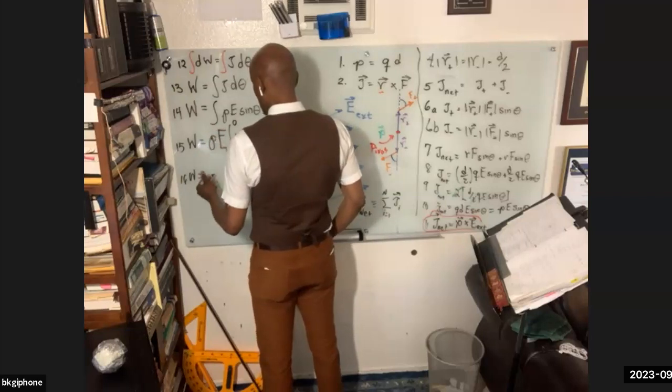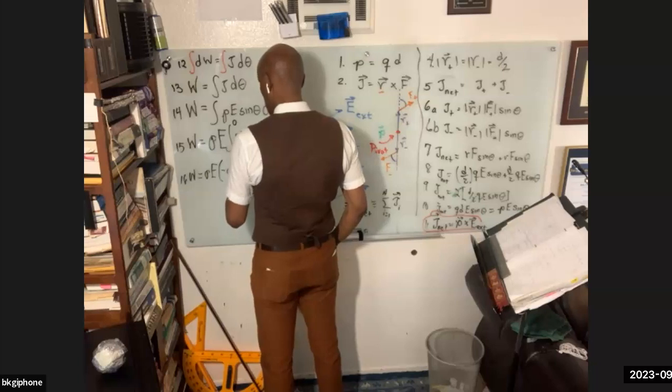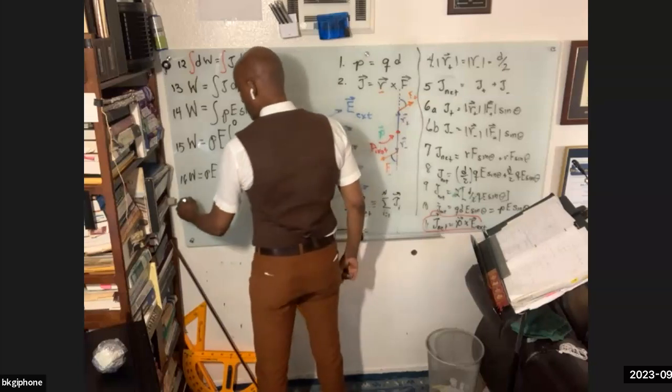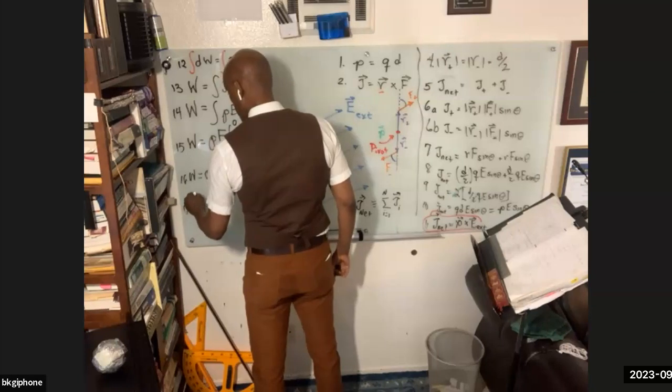So yeah, it's going to be PE times, and then the integral is negative cosine theta from theta to 0. So what that's going to be is work. When I put in the limits, I'm going to get PE.